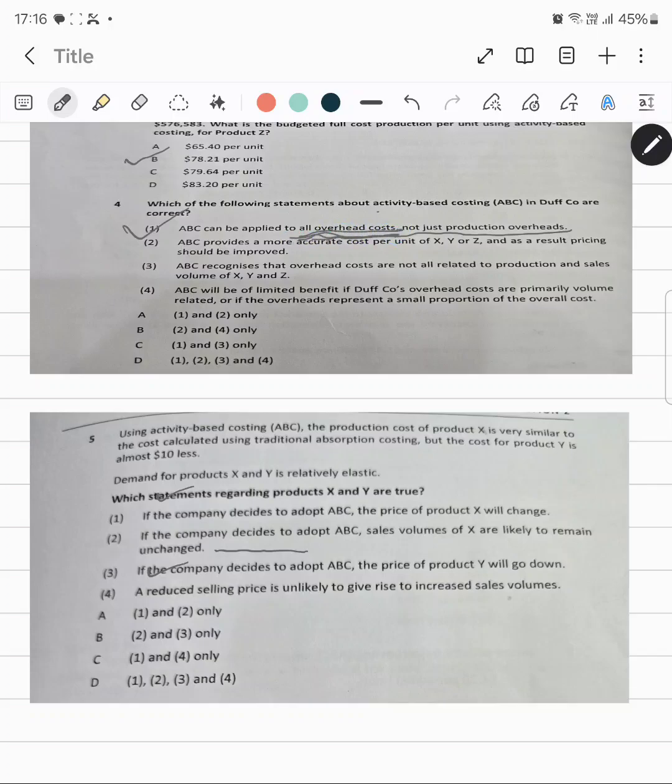So in case of production overheads, we do not need to see whether the overheads are fixed or variable. That is seen in the case of relevant cost only. But in case of ABC costing, we need to consider all overheads. Yes, and it provides more accurate costs, and ABC recognizes that overhead costs are not all related to production and sales. So the correct answer is D.